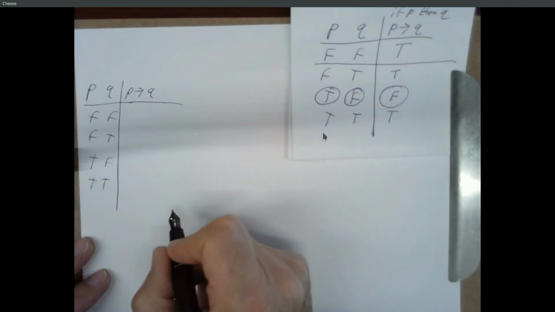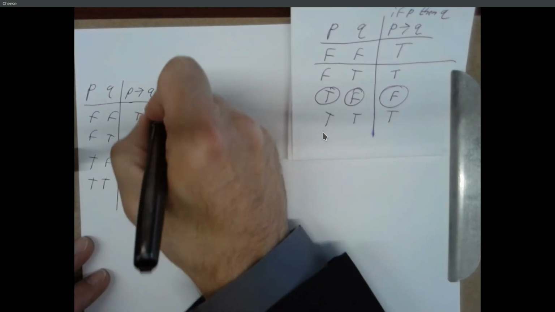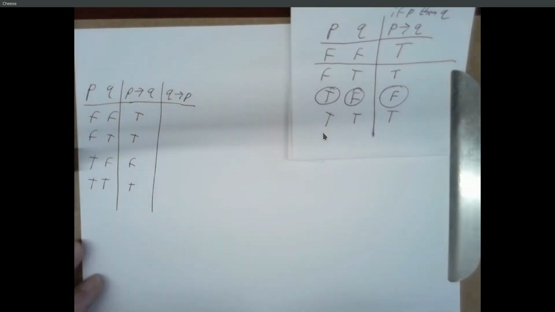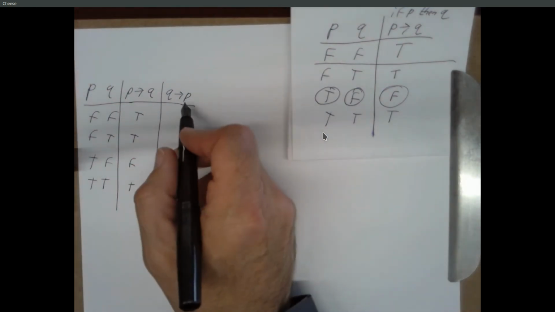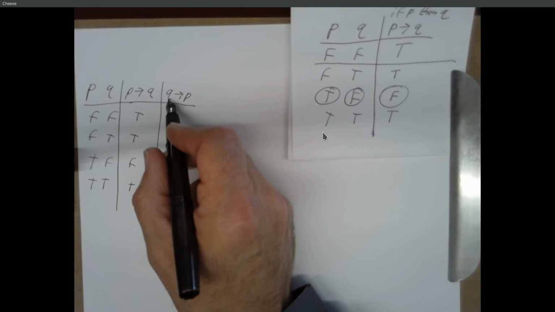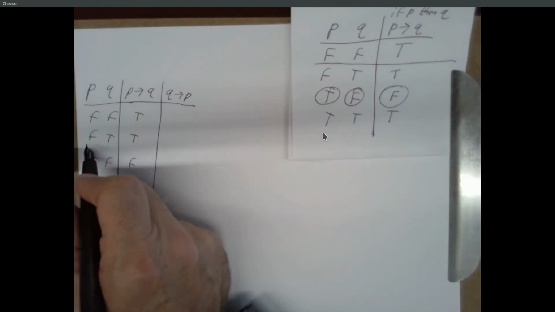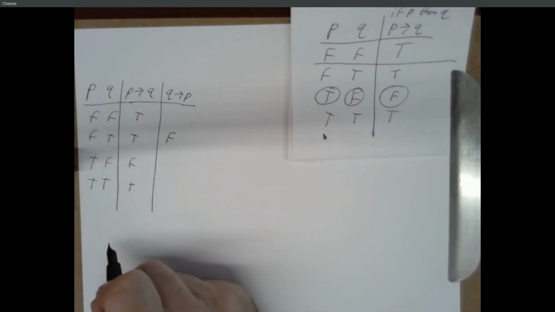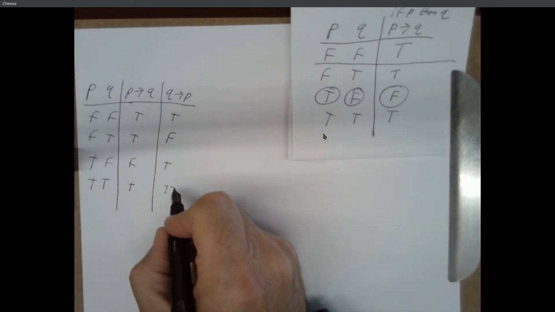And we'll repeat if P then Q. And now I want to make a column for if Q then P. And if Q then P is only going to be false when Q is true and P is false. So Q is true and P is false. This is the row where Q implies P is going to fail. And all the other rows it's going to be true.